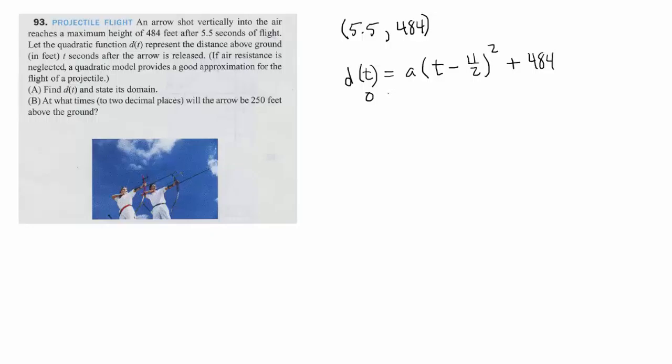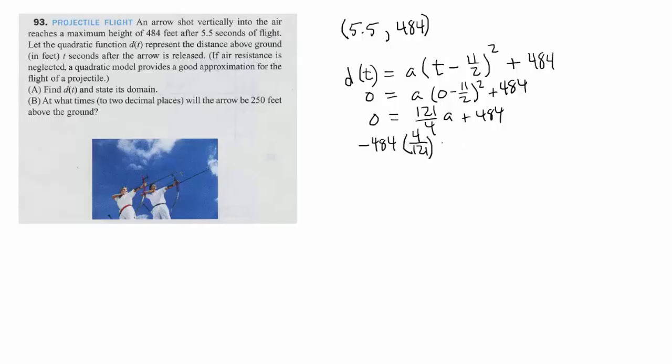So 0 is equal to a times 0 minus 11 halves squared plus 484. And now 0 is equal to 121 over 4 a plus 484, and subtract 484 from both sides and multiply by 4 over 121, and a is equal to negative 16.